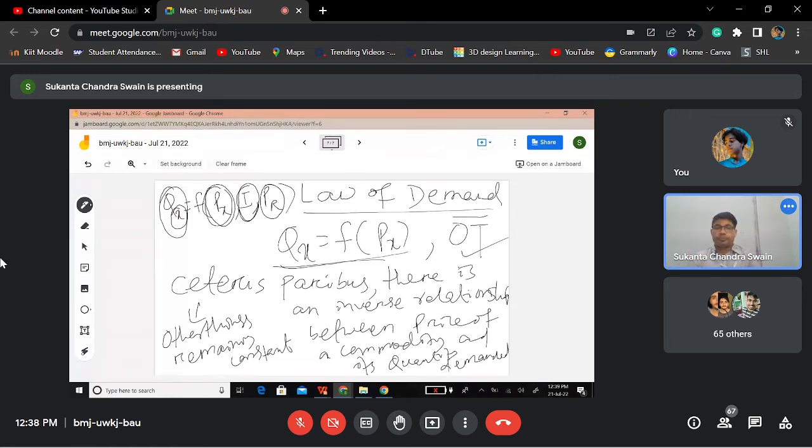This is the law. Ceteris paribus, other things remaining constant, there is an inverse relationship between price of a commodity and its quantity demanded.